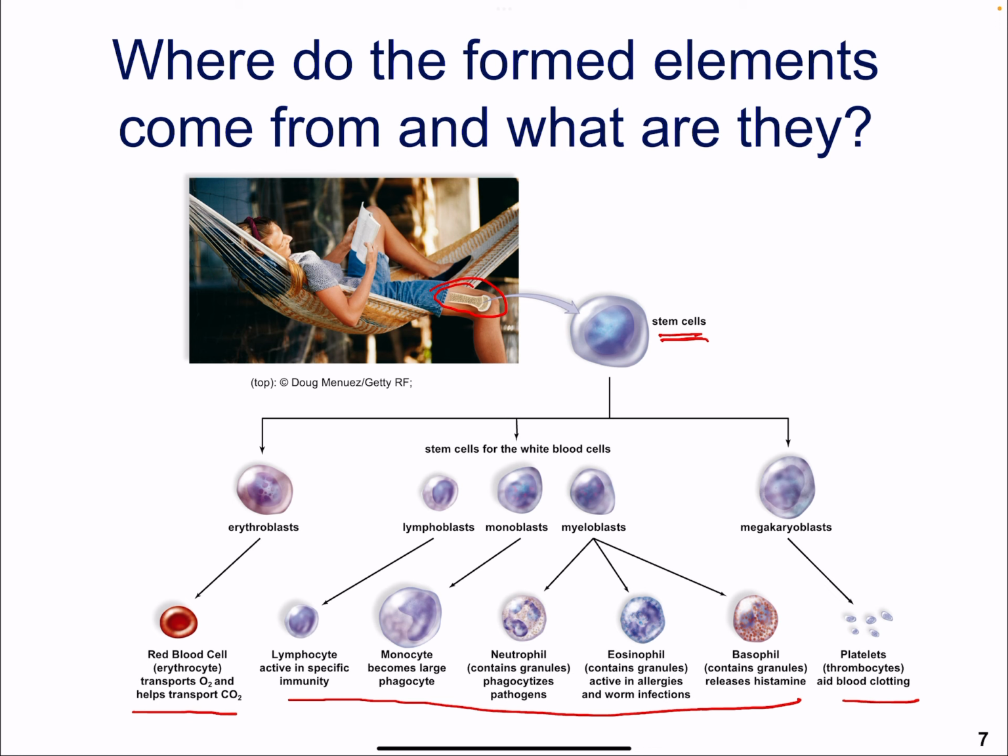Okay? So before a red blood cell becomes a red blood cell, it is first of all a baby red blood cell that we call erythroblast. That erythroblast is going to mature and become a red blood cell, whose job is to transport oxygen and carbon dioxide. Now, for some stem cells that are going to become white blood cells, you're going to have different kinds of baby white blood cells.